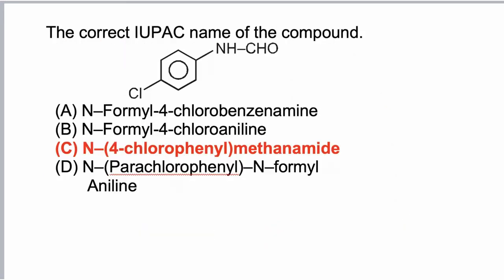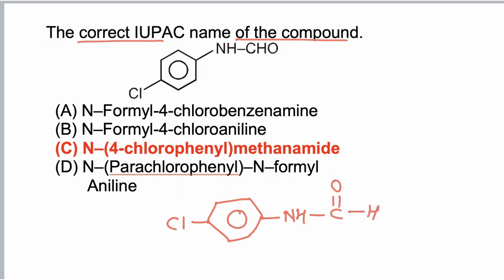In this question we have to find the correct IUPAC name of the given compound. If we draw the structure of the molecule, the functional group amide is present. Now a phenyl group is attached from nitrogen, so the principal chain has only one carbon. This benzene ring is a substituent, and for any substituent, the first carbon is given to the carbon from which it is attached.